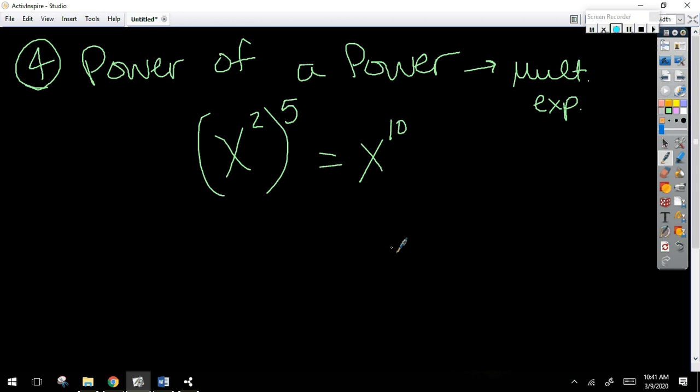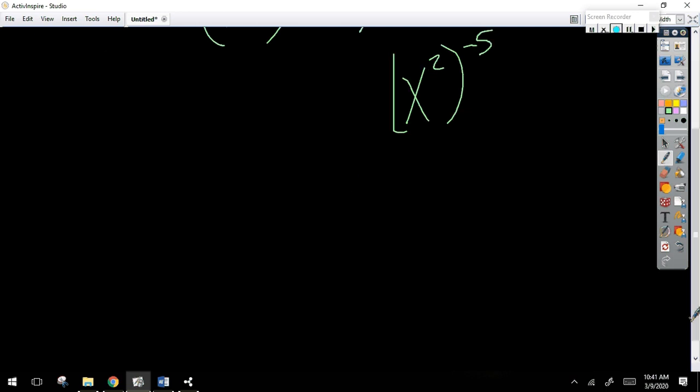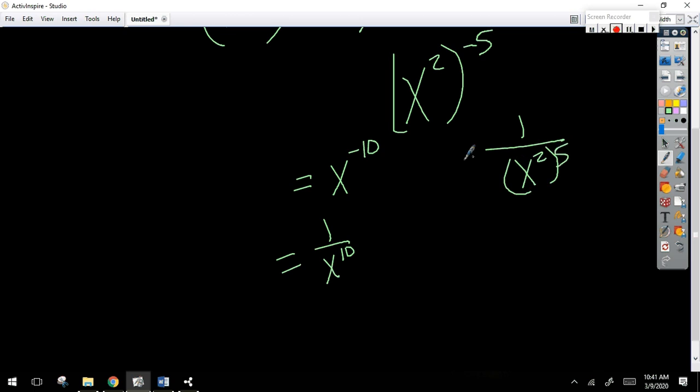The reason I said that was somebody asked, what if this was negative 5? Well, I could do this one of 2 ways. I could multiply first and then flip, or I could flip and then multiply. I come back to the same thing either way.